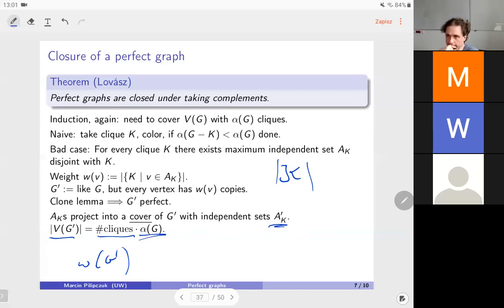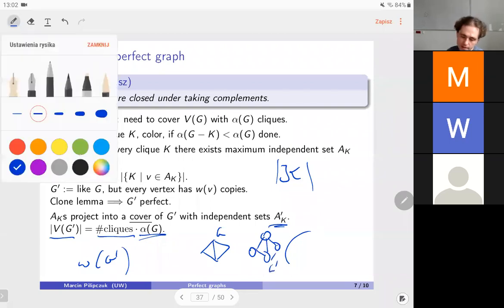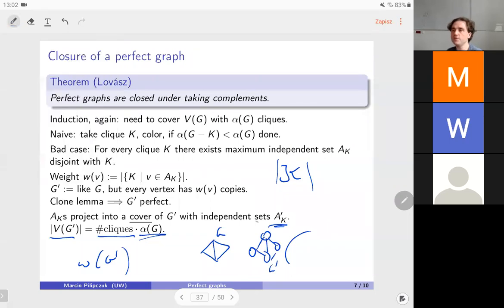Okay. Well, how does a clique form in G prime? You need to take a clique. So remember there was a graph G, and you made it into clouds in G prime. Now if you look at a maximum clique, it takes everybody from one cloning set. There's no point in taking only a few of them. If they all fit, you can take all of them into your clique.